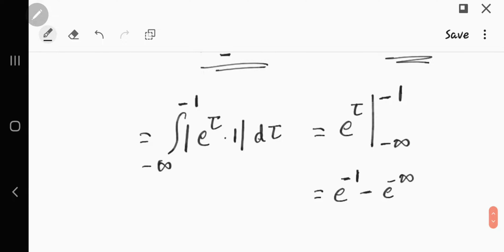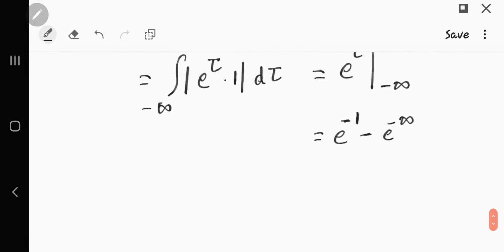So we will only remain with e to the power of minus 1, which will give you a finite value, less than infinity. So that means if you integrate our impulse response, it will produce a finite value which is less than infinity. So the system is stable.